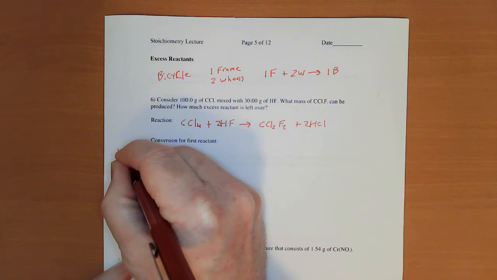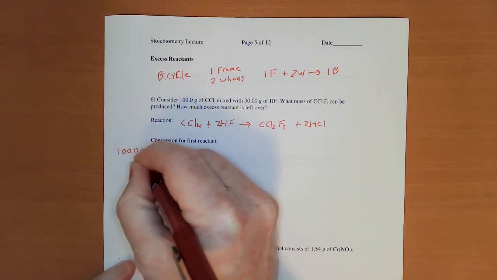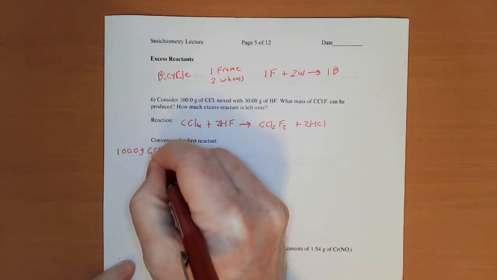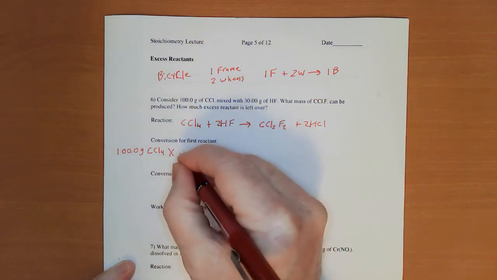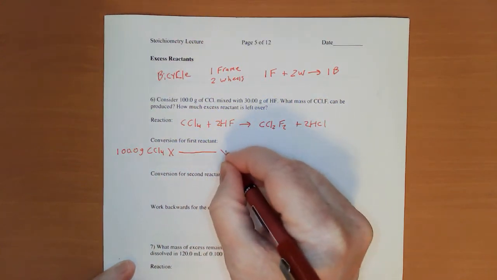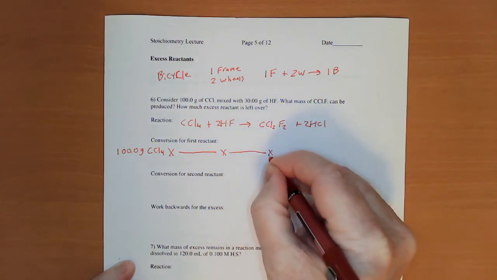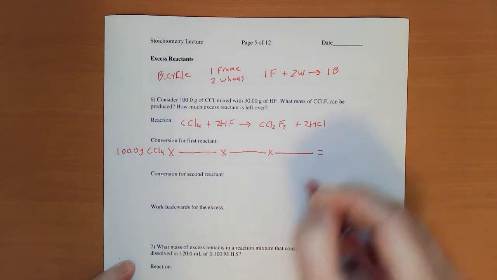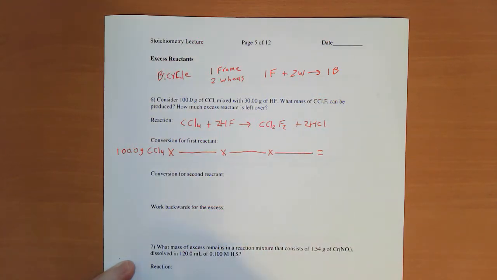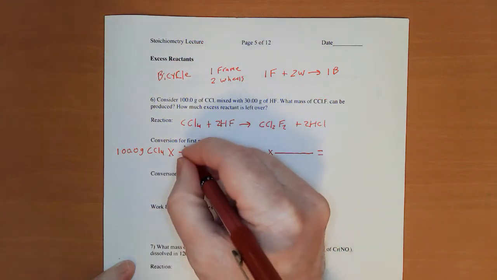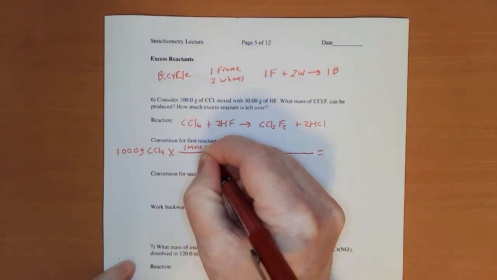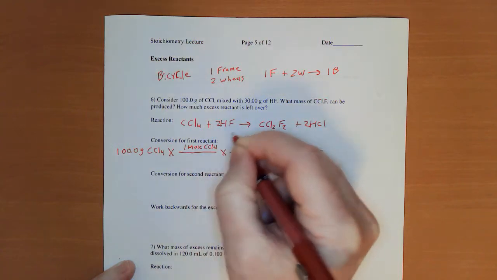So we start off with our 100.0 grams of CCl4 times. We can use our roadmap. It's a good graphic organizer so that we know what's going on. Okay, this will be our first reactant, 1 mole of CCl4.